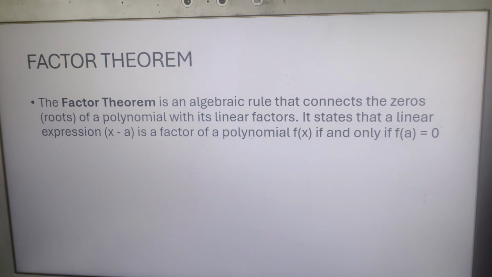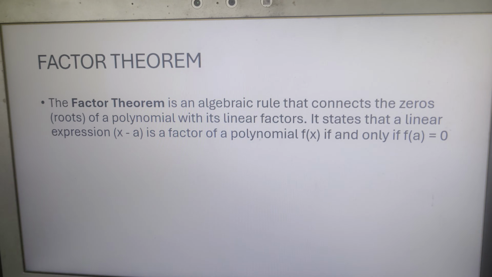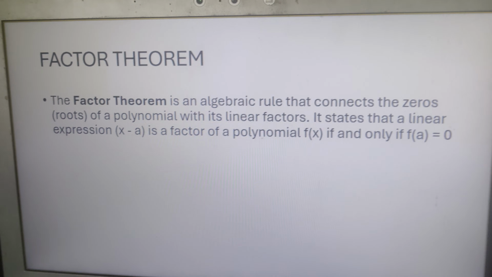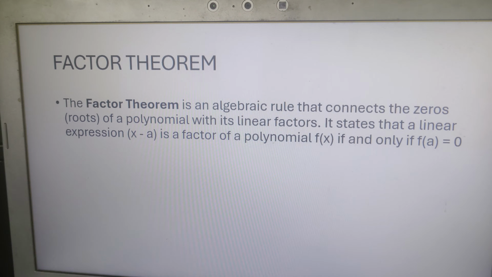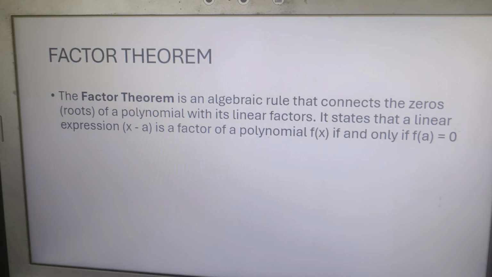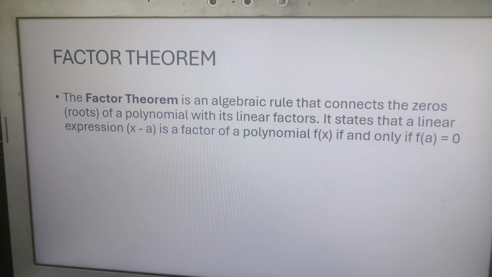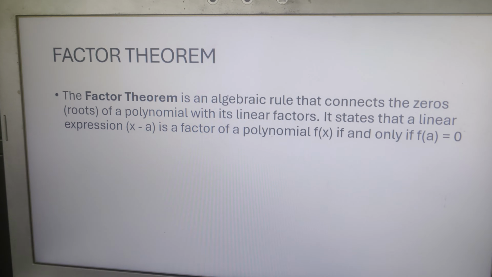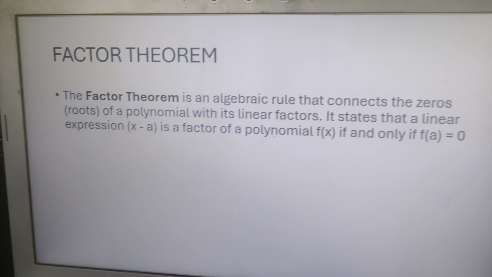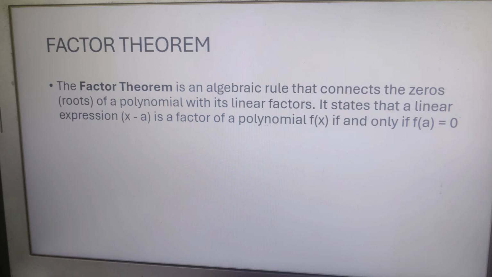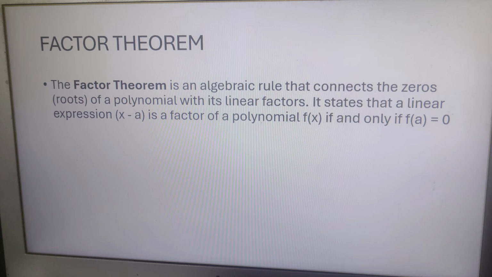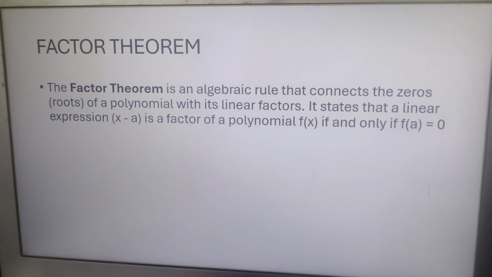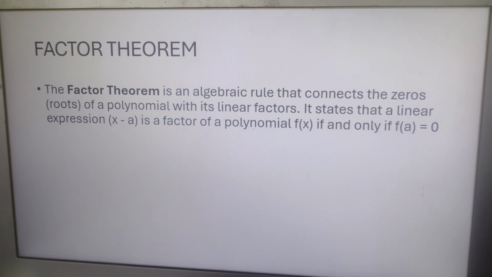When it is evaluated that way, then we call it a factor of the polynomial. You put a number in that, and if the entire value becomes 0, then they are the factors, or in other words the roots, or the other name is zeros. They all mean the same. So they are all the zeros or the roots of the polynomial.